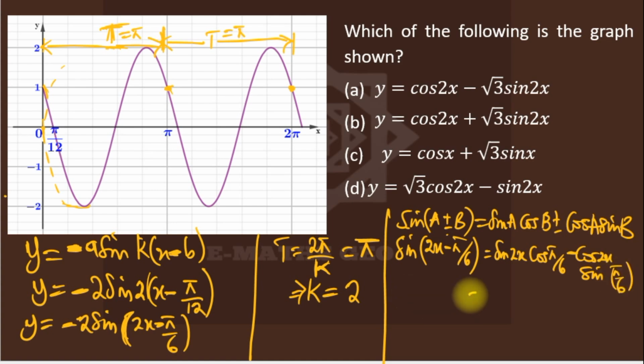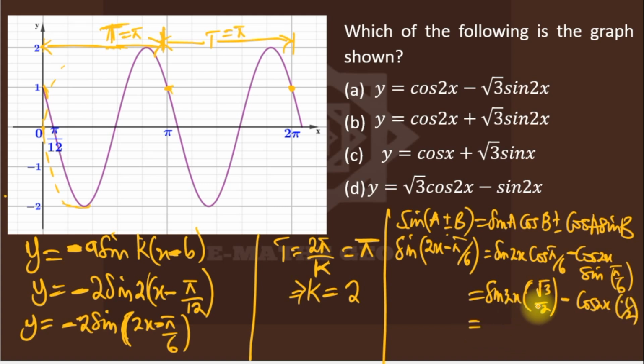So let's check the value. From here, sine 2x times cos pi over 6, which is cos 30, is root 3 over 2, minus cos 2x times sine 30, which is half.